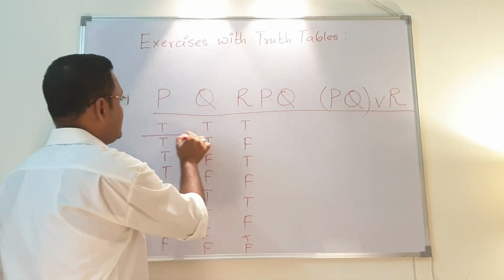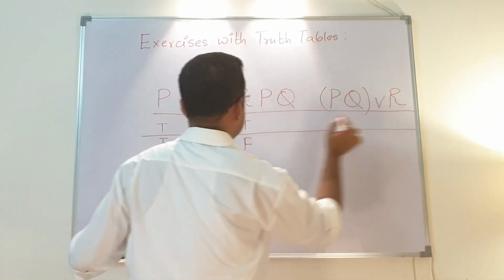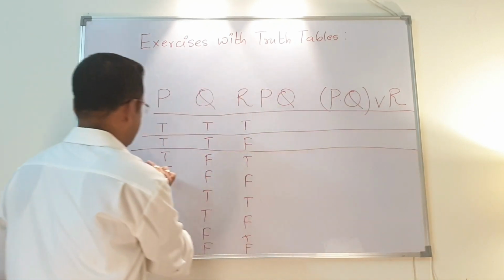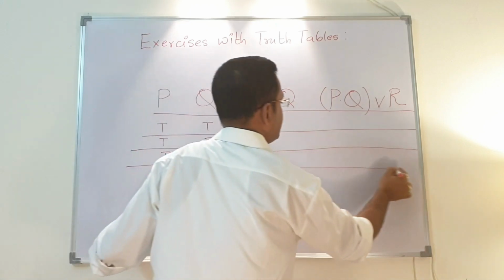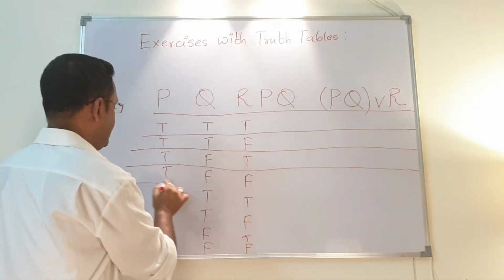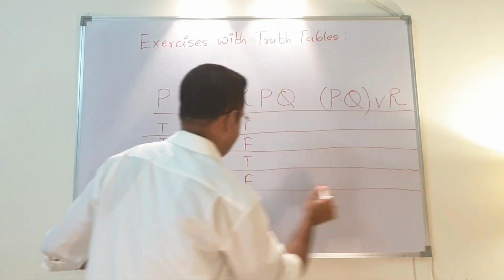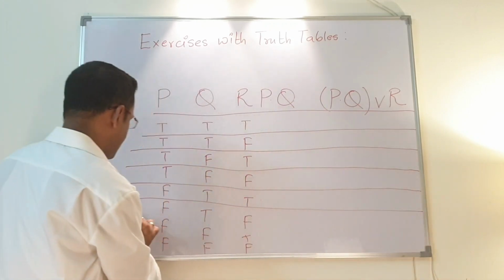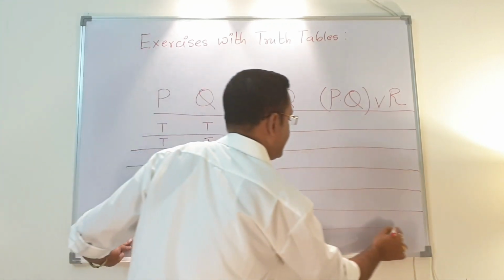So since we should not get confused, I am drawing the lines, so we know which line corresponds to which line. It's pretty simple, we just need a little bit of practice. So we will draw the lines so that our clarity is there.